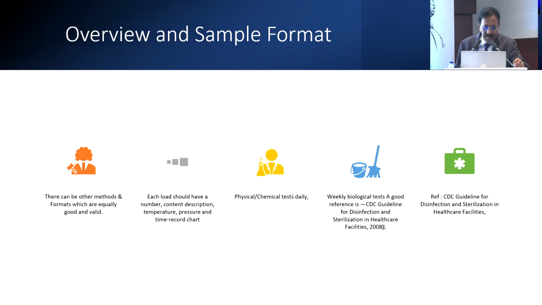There are many formats, but there are certain standard formats available with vendors. You can use that. All we need to do is, for each load, know the details of the sterilization load: the number of packs, what is the content inside each pack, what type of instruments we have, and whether it's liquid or solid.